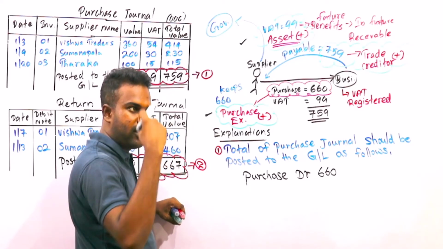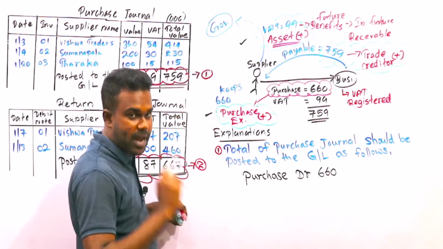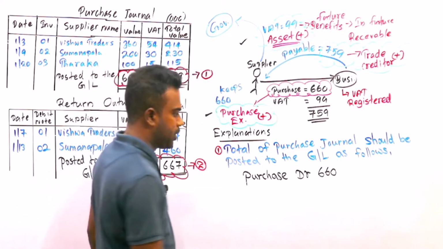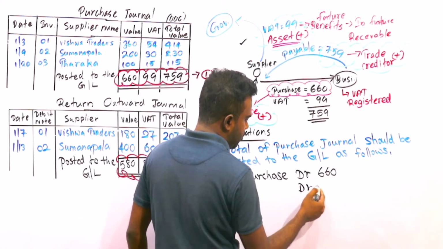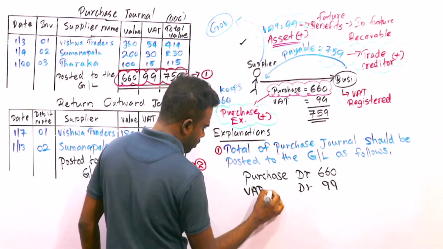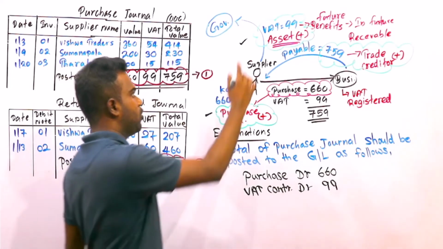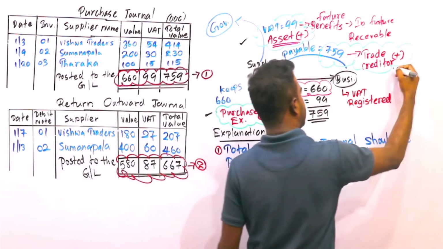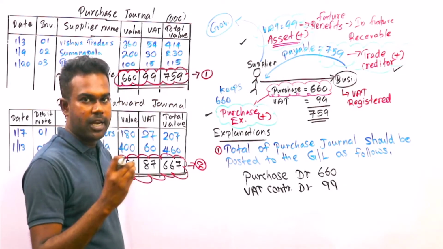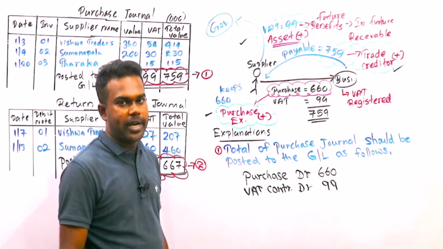So what is the VAT double entry theory? Asset increase, debit or credit? Asset increases. Definitely debit, no? Double entry theory. How much? 99. I will write VAT control account. Okay, this one okay. Then trade creditor liability increase. Can you tell me, liability increases, debit or credit?